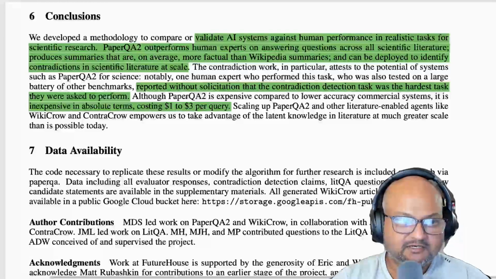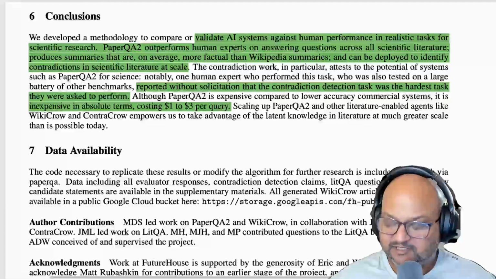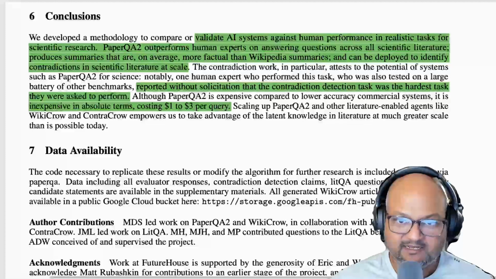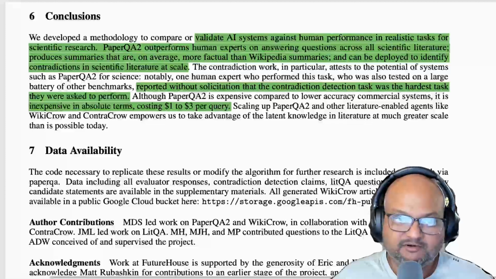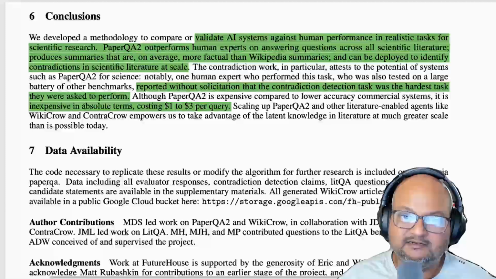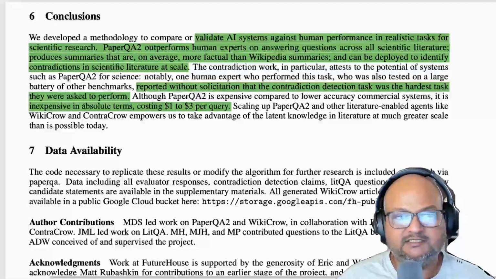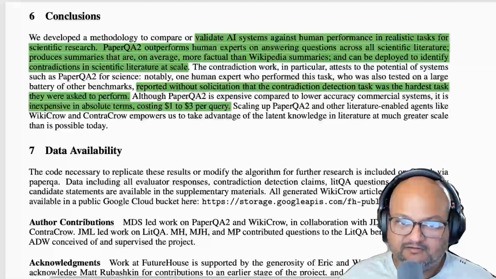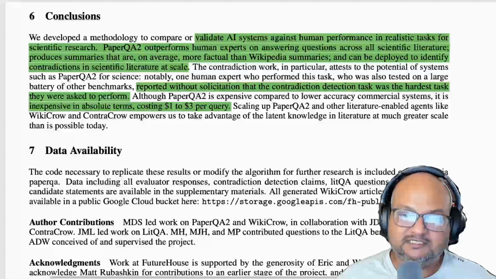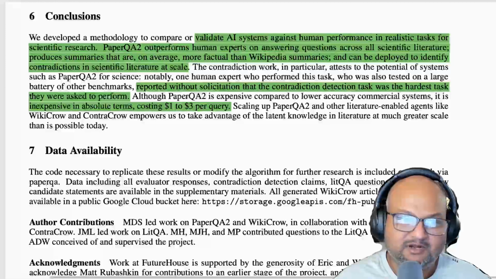All right, so that was a quick look at a paper that correctly claims to have built an agentic LLM system to get superhuman performance on some of the most common tasks in a scientist's workflow: to understand a body of knowledge, be able to answer questions about it, synthesize summaries out of it with correct citations, and finally to understand it deeply enough to identify contradictions within that body of work.